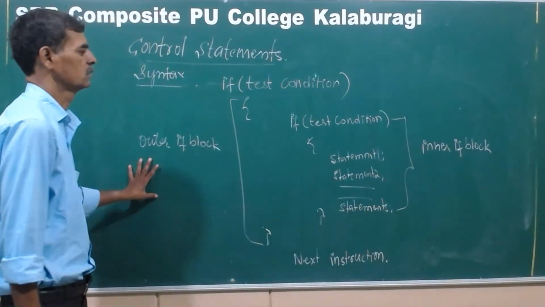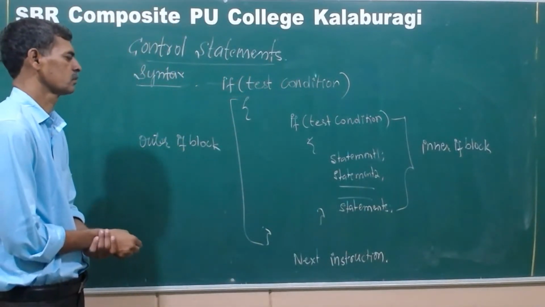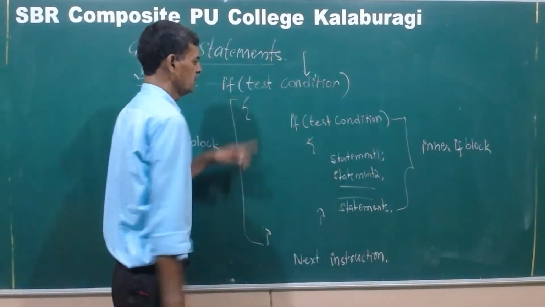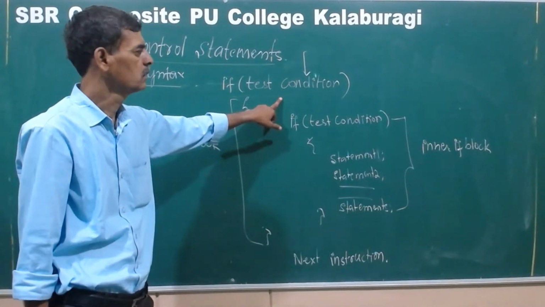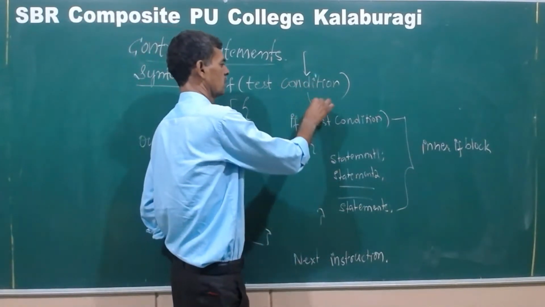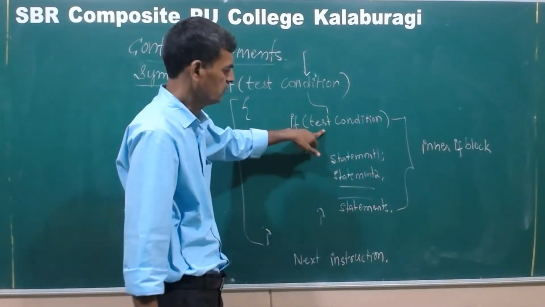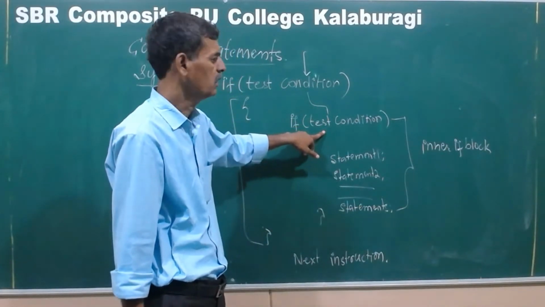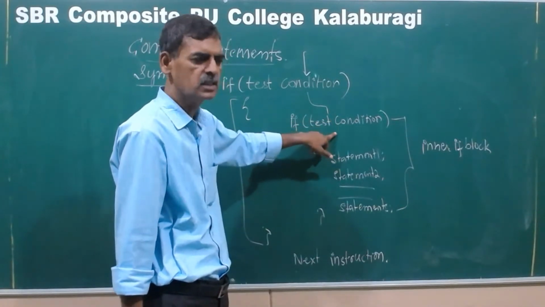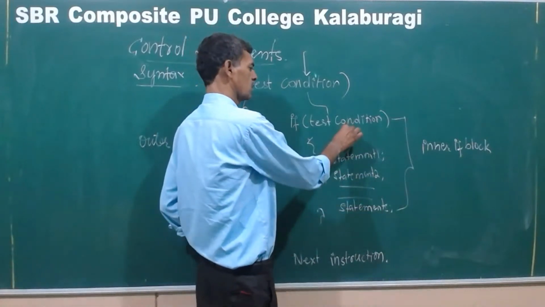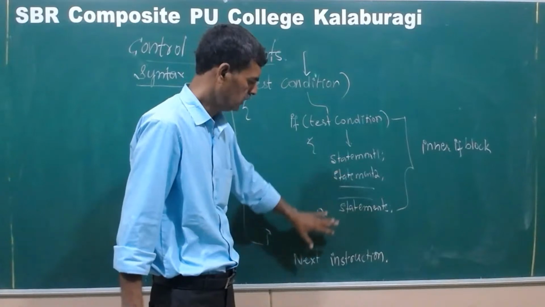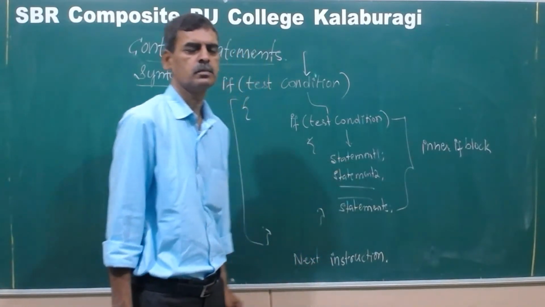Outer block, inner block. When the control comes here, it will check the test condition. If the test condition is true, it comes inside. Again, it will check the test condition for the inner block. If this test condition is true, control comes inside and these statements are executed. Then it goes to the next part.